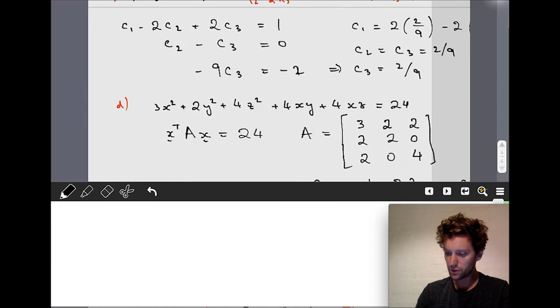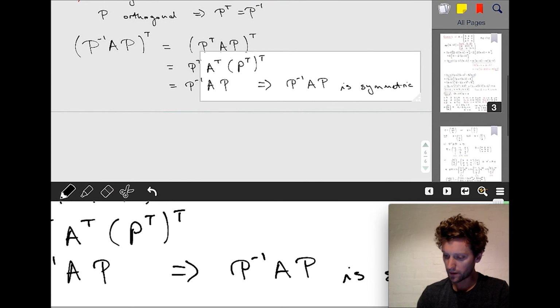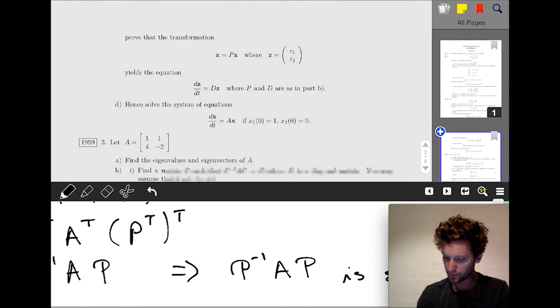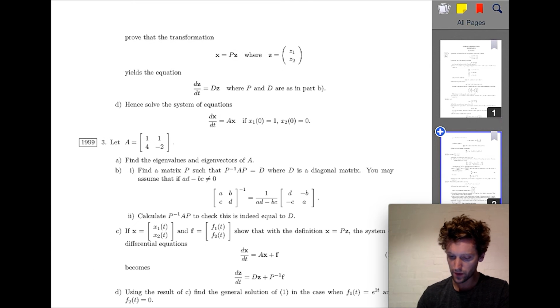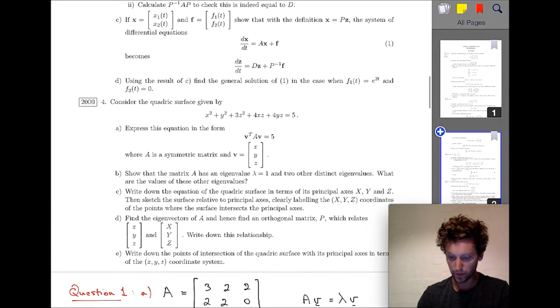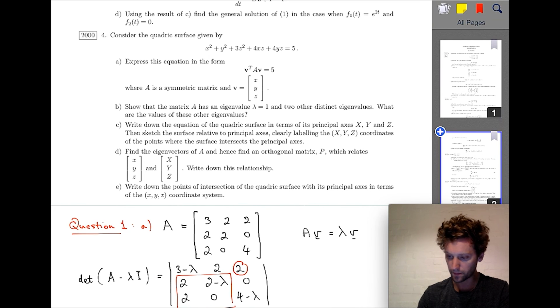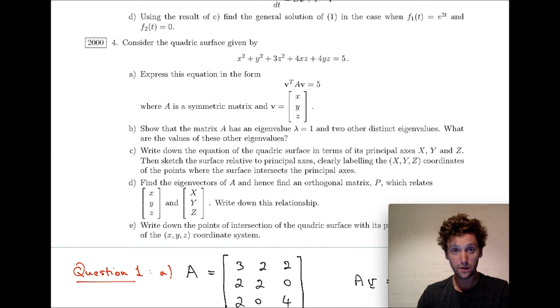Okay, I'm going to jump now to the last question, question 4, to try and get a little bit more practice doing problems involving quadric surfaces. So in this problem, we're going to be given a quadric surface again, and we need to basically express this quadric surface in its simplest form.